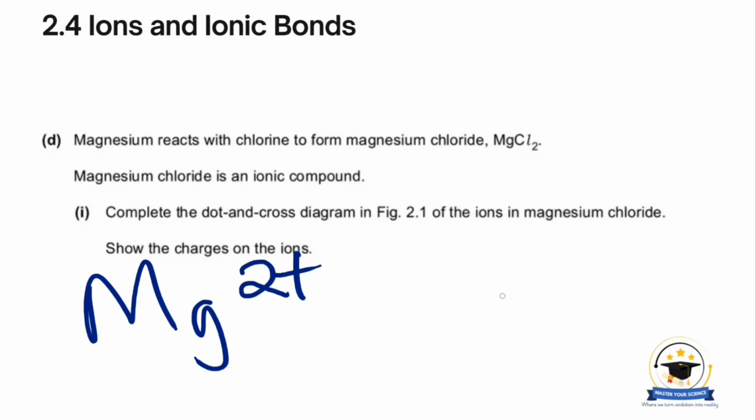Whereas chlorine will prefer to gain a single electron in order to fill its outermost shell where it has 7, so it will gain 1 to have 8, so it will have a charge of minus.